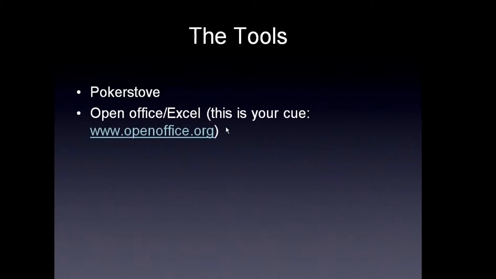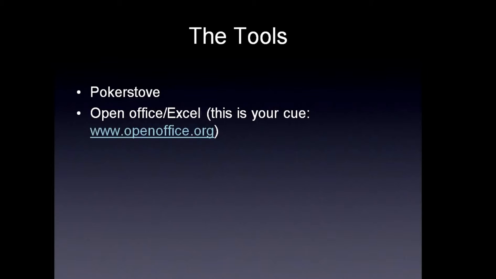But something that many of you probably don't have much of a foundation in is OpenOffice or Excel. So please, if you don't have OpenOffice or Excel, download OpenOffice. For this series, I will be using OpenOffice because it's free. If I were using Excel, I think it would turn a lot of people off because you may not have Excel.